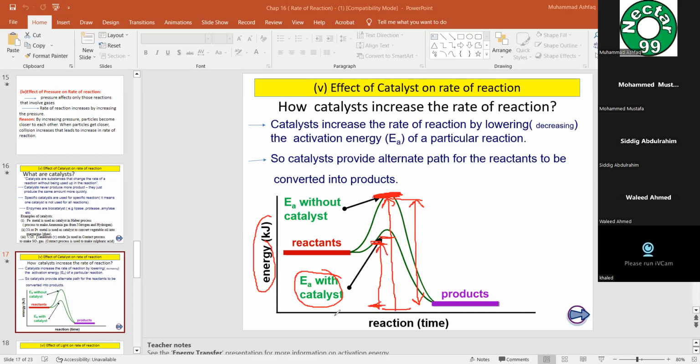In simple words, a catalyst lowers or decreases the activation energy. Understand? The rate of reaction is increased. How? When they lower the activation energy of a particular reaction. So catalysts provide an alternate path for the reactants to be converted into products. Easy, my dear? This is the role of the catalyst.